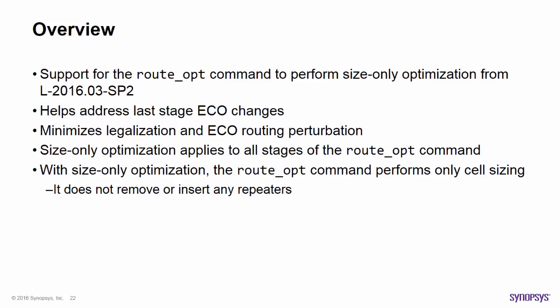Late in the flow, there is not much route_opt can do, and so it limits legalization and ECO permutations to the minimum. The size only feature, if it is on, applies to all the stages of route_opt. It does the optimization without removing or inserting any buffers or repeaters. Only the cell size changes.